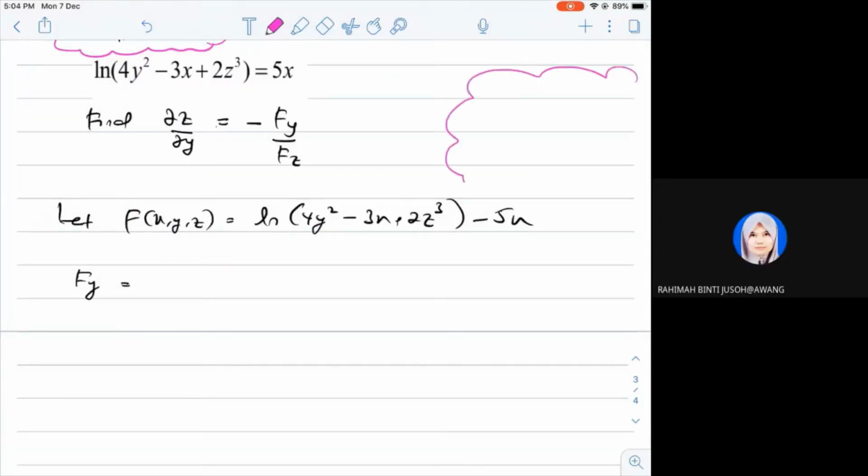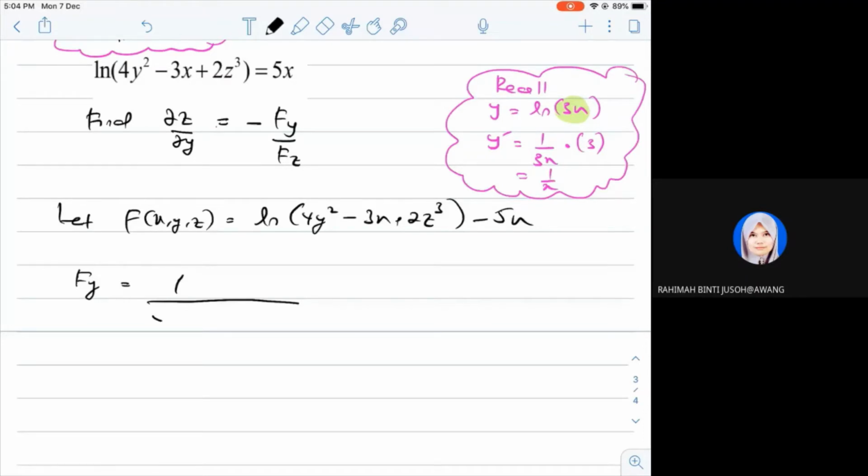Recall, if we have y equals to ln 3x, so find y prime, 1 over 3x multiplied by differentiate inside this bracket with respect to x. So we will have 3. Then we will have 1 over x. Okay, so the same thing happened here. So differentiate ln everything. So 1 over everything here, 4y squared minus 3x plus 2z cubed, multiply by differentiate with respect to y.